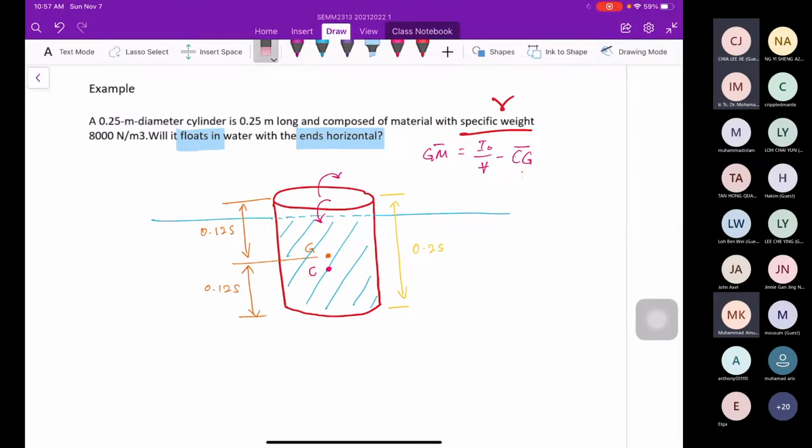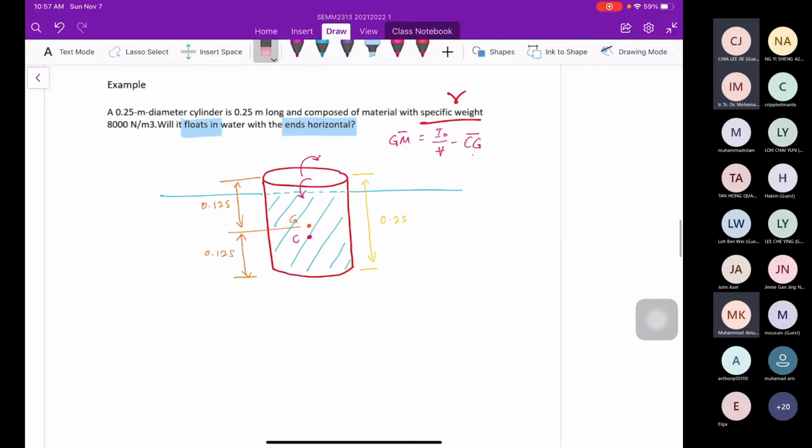It is a circular cross-section view, with the diameter given here as 0.25 meter.